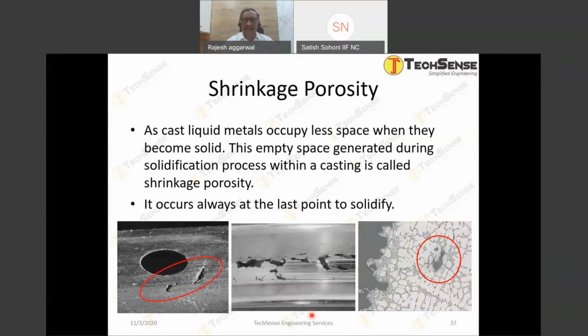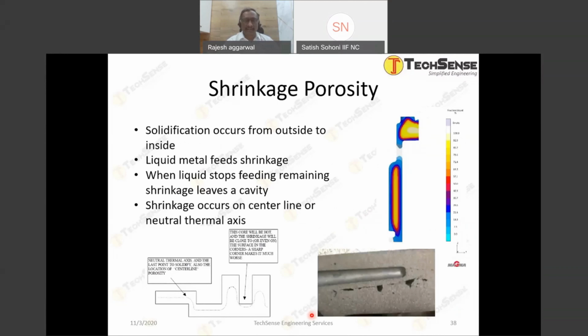Normally the solidification occurs from outside to inside. The liquid metal feeds the shrinkage, and when liquid metal stops feeding, the remaining shrinkage leaves a cavity. The shrinkage normally occurs on the center line or the neutral thermal axis. This neutral thermal axis is a full theory in itself.